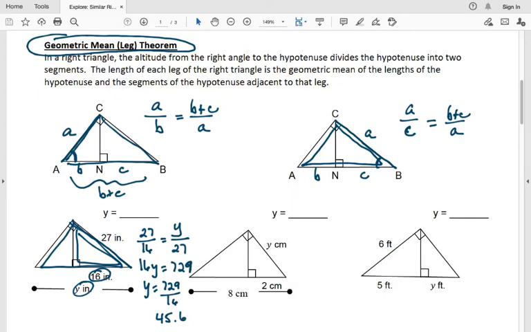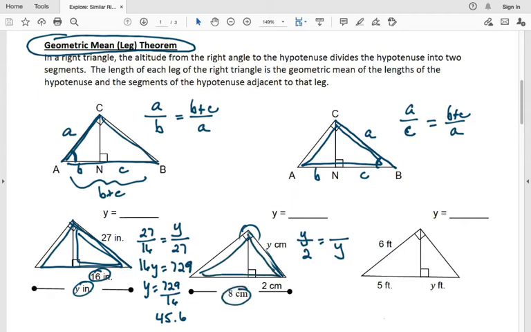All right, let's do another example. Okay, on this next one, this is one of our legs that come off of this main right triangle. So it's going to be what's cross multiplied with itself. And then it's part of this triangle right here. So the 2 is going to go here. And then it's also part of this bigger right triangle right here.